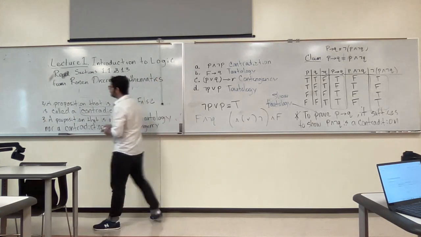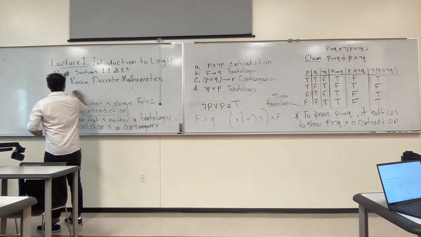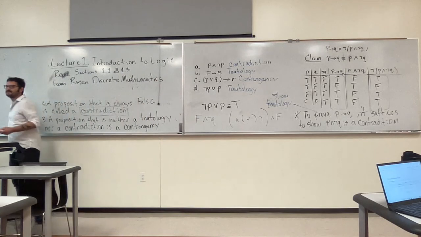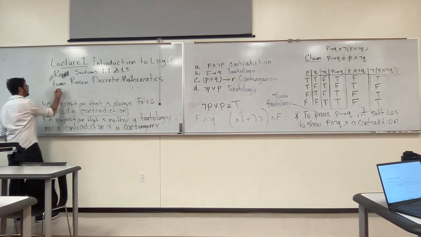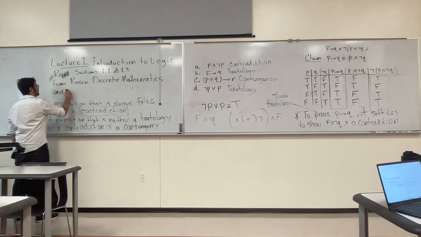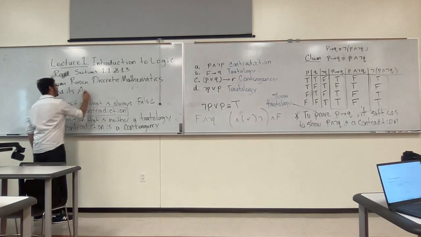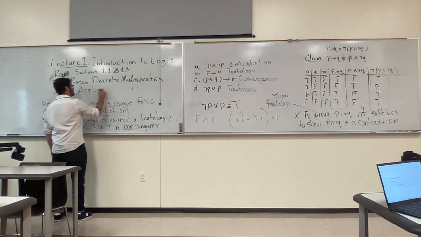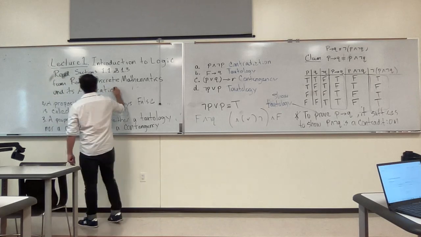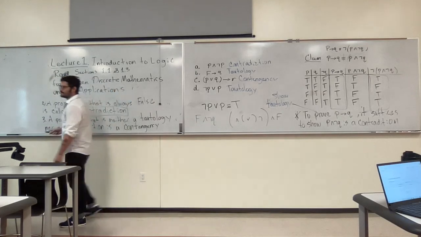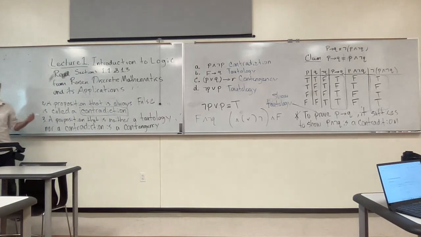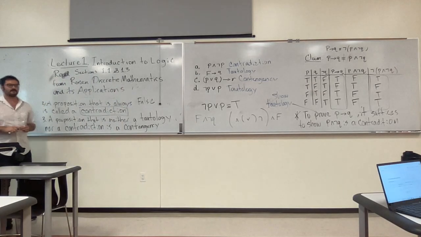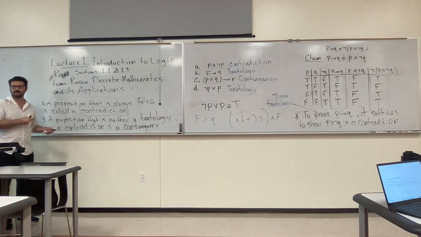It is in the bookstore if you want to buy it. It is a great book, but it's also expensive. So you don't have to buy it. Just make sure you get the 6th or 7th edition and higher, and you should be fine. I've never used the ones before that, so I don't know what they look like.